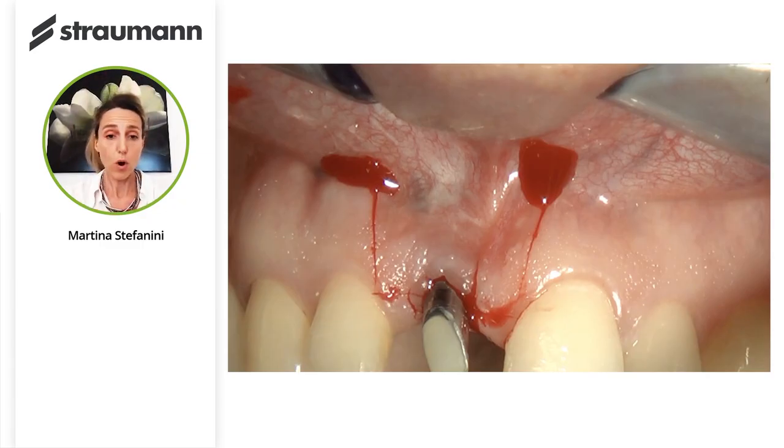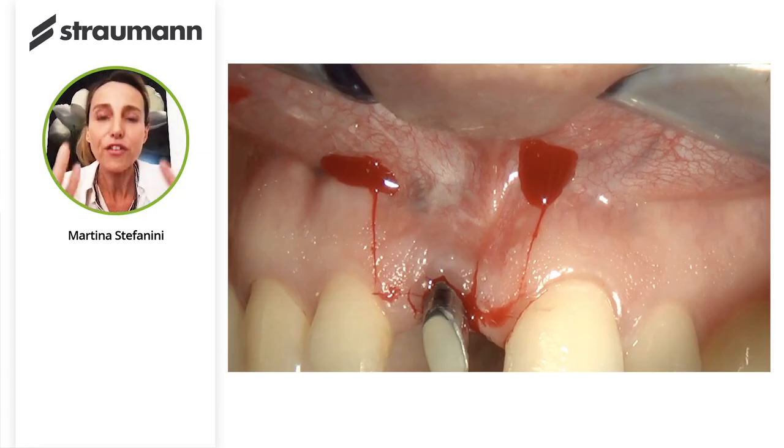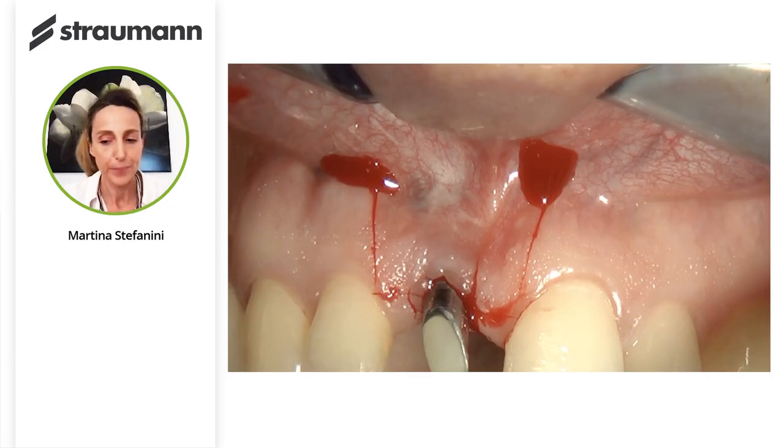We can work, as you can see in the video, without the crown in place, and at the end of the surgery we can displace the anatomical papilla not only coronally but also toward the palatal aspect, taking advantage of the desepithelialization of the interproximal soft tissue also in the occlusal aspect toward the palatal aspect. And this increases a lot the vascular supply that we will give to the coronally advanced flap.